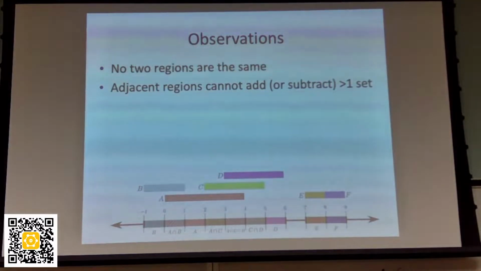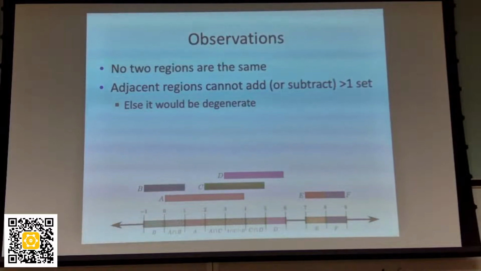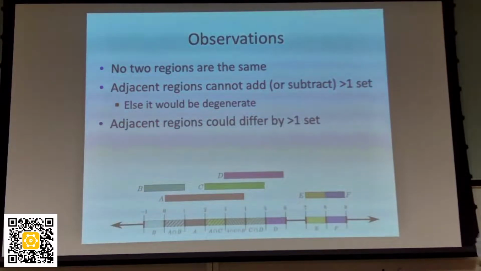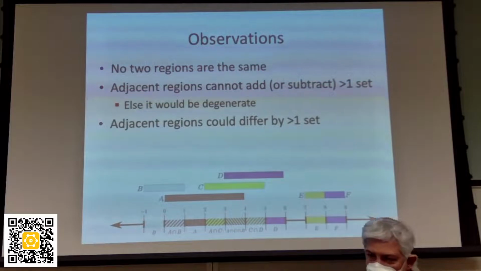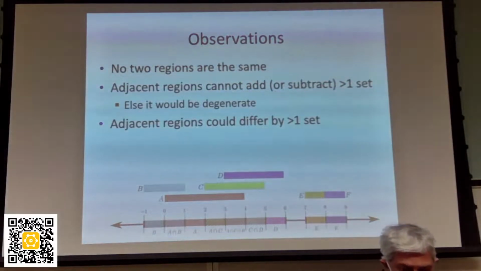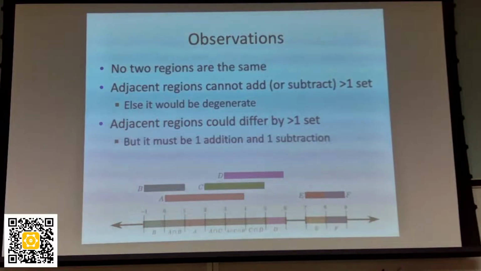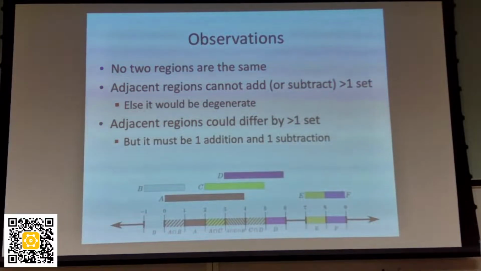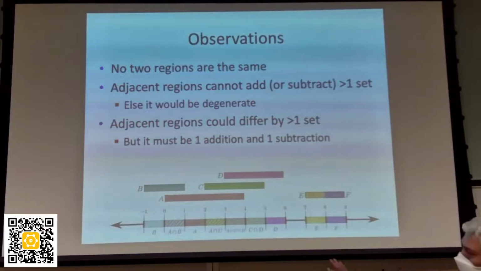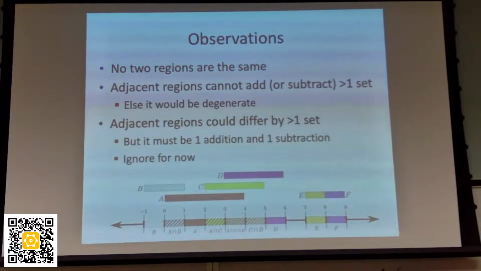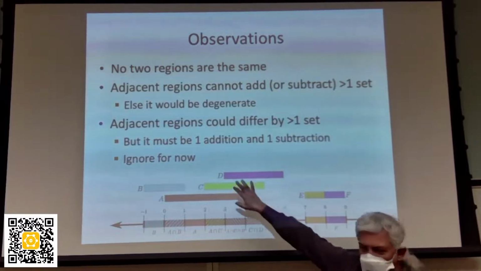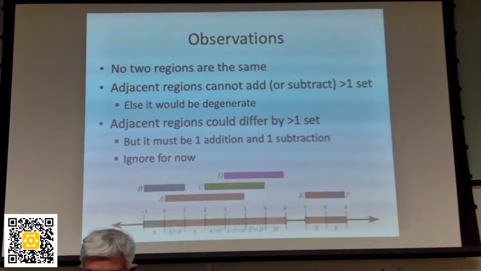So that brings us to the other possibility, that you could have adjacent regions that differ by more than one set, but then one has to be an addition and the other a subtraction. That's what's happening here. Is that clear? We're going to deal with that case separately. This is an annoying case. So for now, I'm going to ignore it, and we'll worry about this at the end.